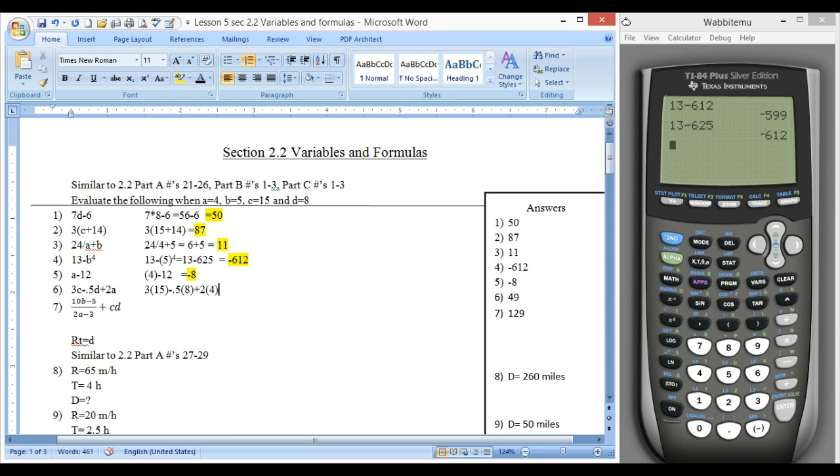Now this one I have several more operations. I have a multiplication sign here, a subtraction sign, multiplication, addition, and multiplication. Using our order of operations, please excuse my dear Aunt Sally. Now some of you are thinking, wait a minute, she put parentheses in. And the first step in the order of operations, please excuse my dear Aunt Sally, the P stands for parentheses.